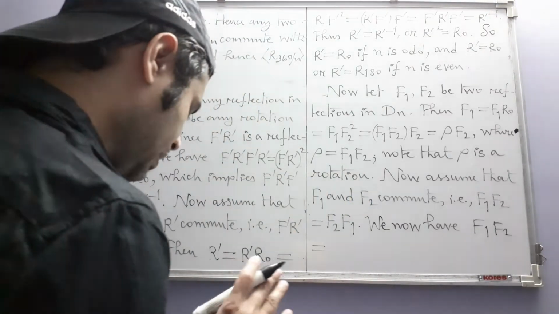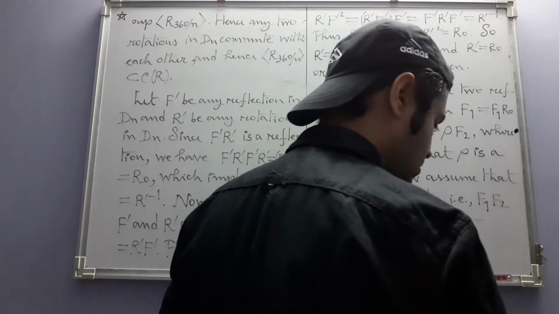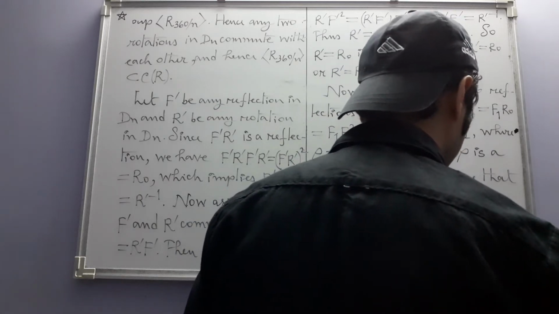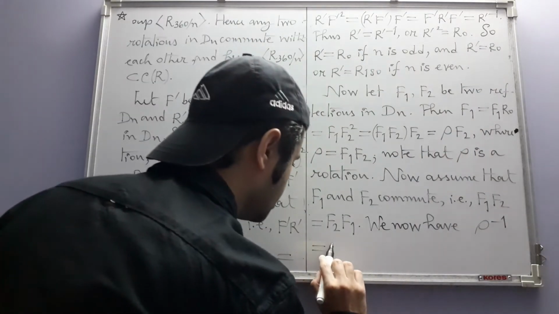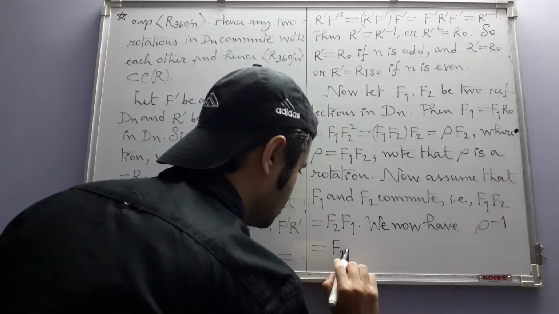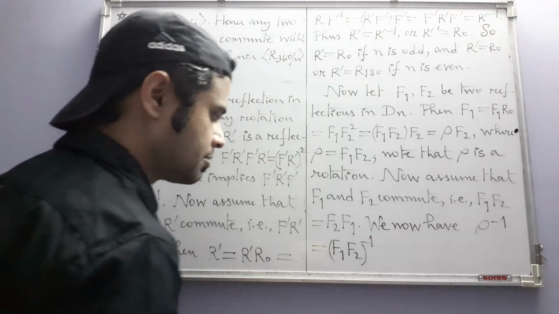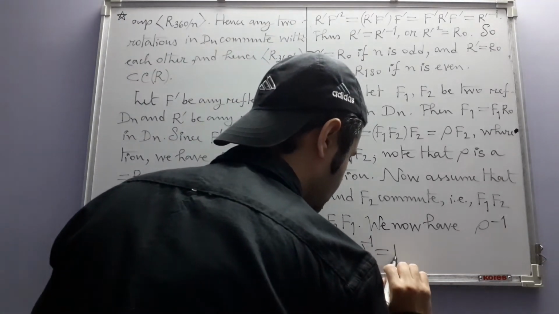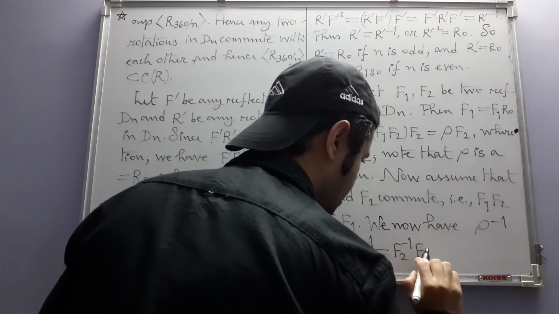So what we want is to calculate rho inverse. Okay, fine. So let us start with rho inverse. So this is F1 F2 whole inverse, that is F2 inverse F1 inverse.